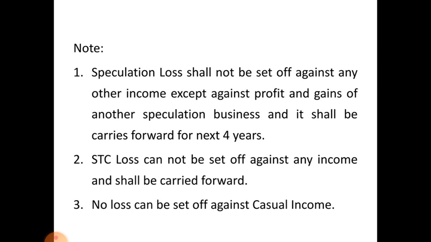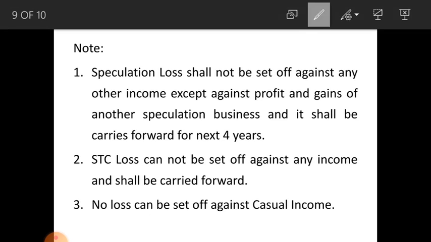See the notes. Speculation loss shall not be set off against any other income except against profit and gains of another speculation business, and it shall be carried forwarded to next 4 years. See, in case of speculation, only 4 years are there to set off the loss.